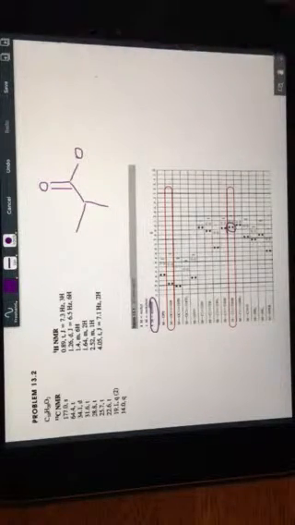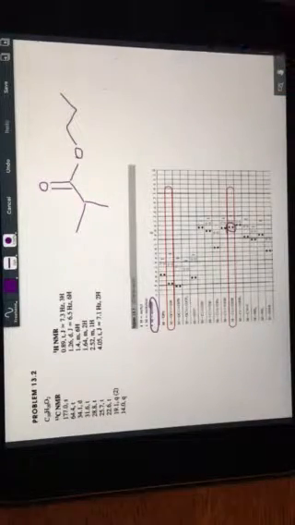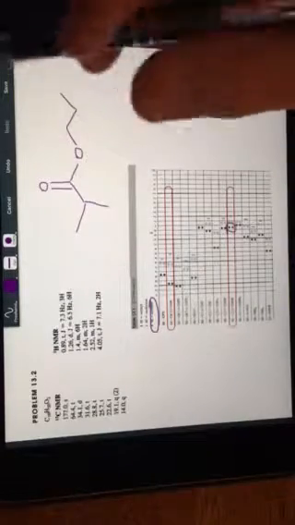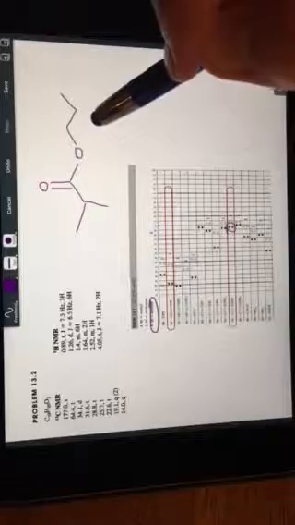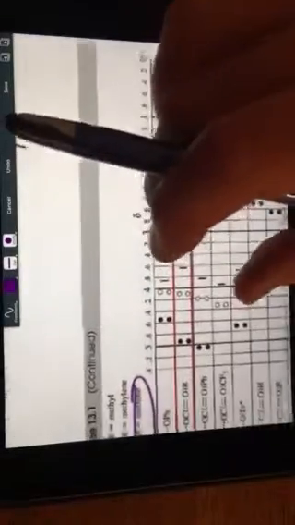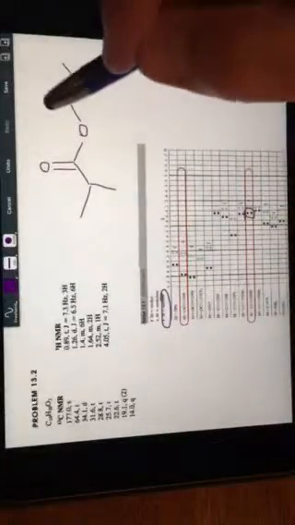And then to complete this picture, remembering now that we have a methylene at 65, a methylene at 4.05 is completely consistent with that.